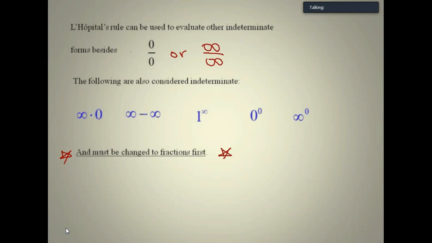So we're just going to look at manipulating the next 3 examples so that they become fractions. So the rule is still the same. The application is still the same. We're just going to rewrite or transform the equation to fit the bill of what is required.